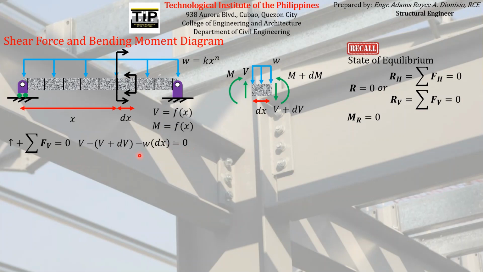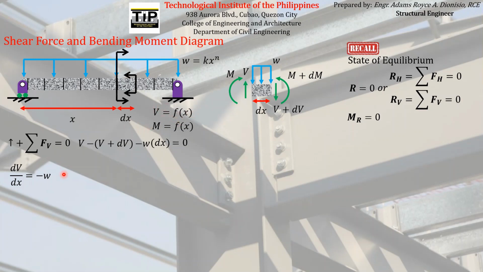If we simplify this equation, we can see that the V will cancel out because it will be V minus V. The negative will be put here, so it will be negative dV. And if we put negative w dx to the right side as well as the negative, and then divide the equation by dx, we will have this equation. So what does this mean? Take note, V corresponds to an equation which corresponds to a graph.